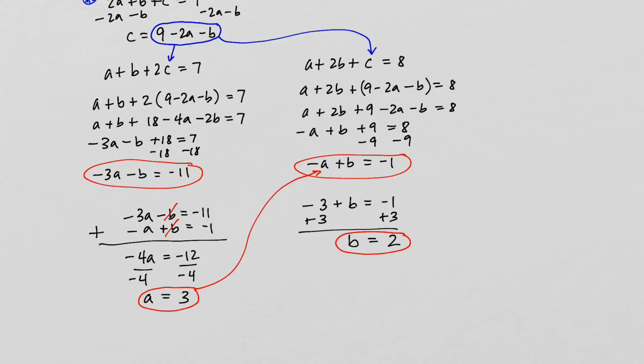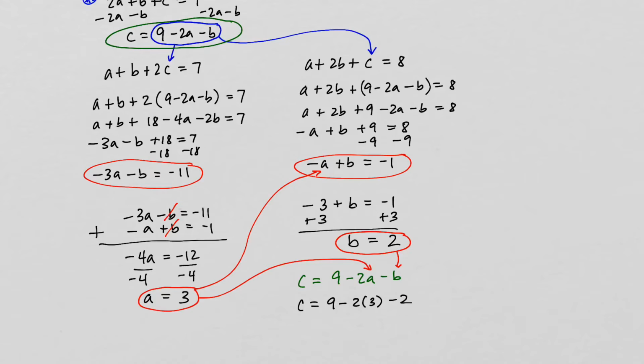The easiest place to plug it in, however, will be right here. Since we know that c is equal to 9 minus 2a minus b, we could simply plug in the value of b and the value of a, and that will allow us to solve for c.